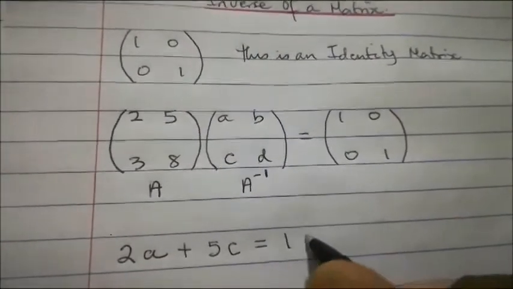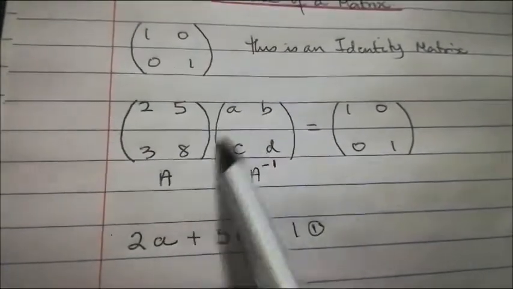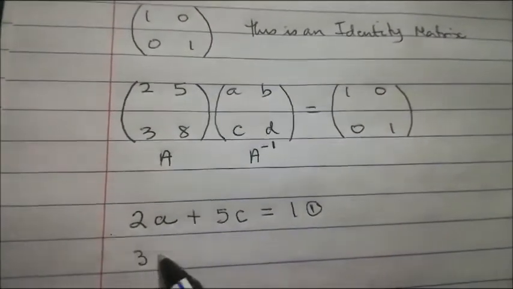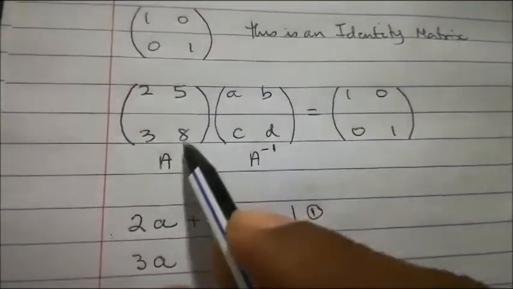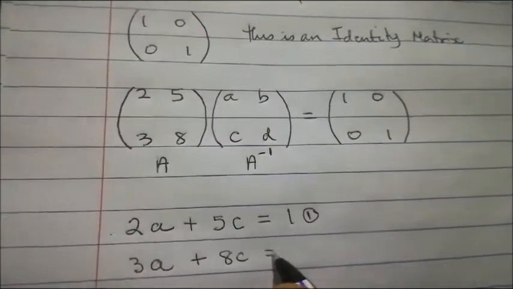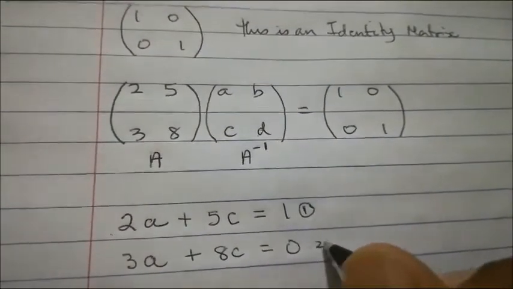And this is going to be our first equation, right? Now let's multiply this row by this again. So 3A plus 8C, and that's going to be equal to 0. And this is equation 2, right?